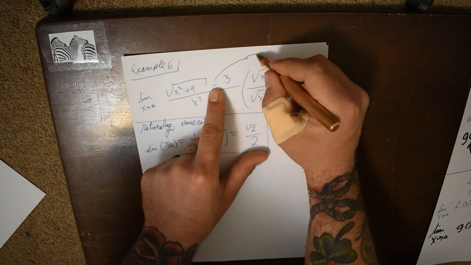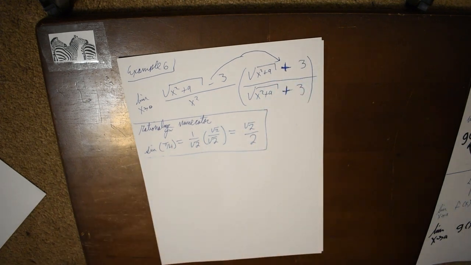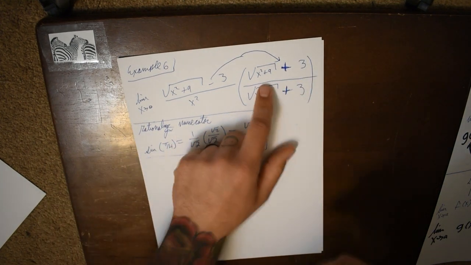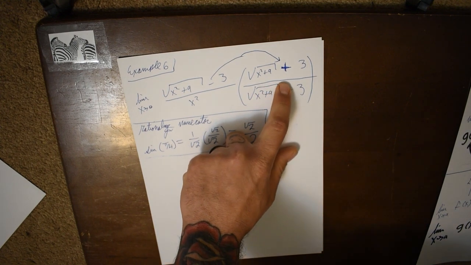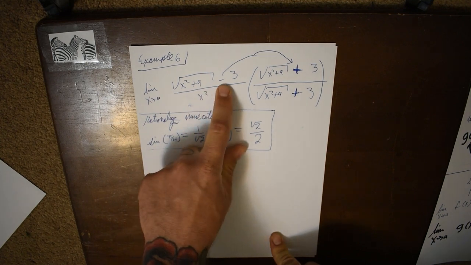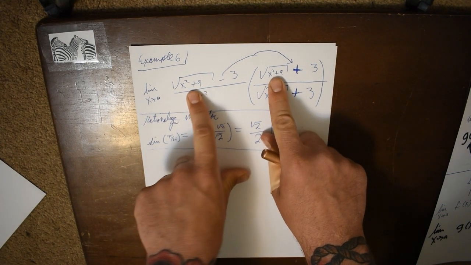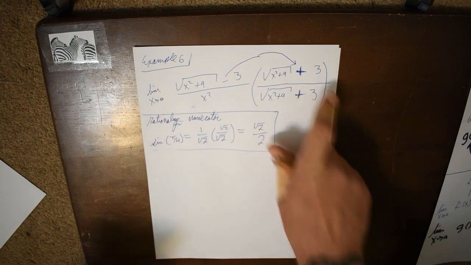The operation has switched. That's the factor you want to multiply top and bottom by. You take the numerator, and only that sign changed; the other two stayed the same.